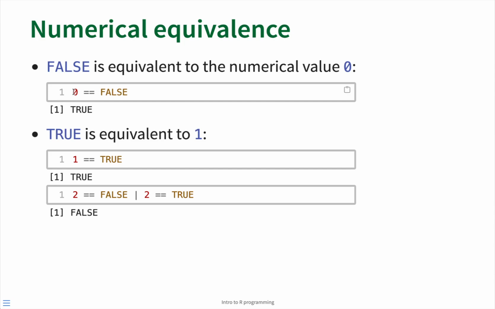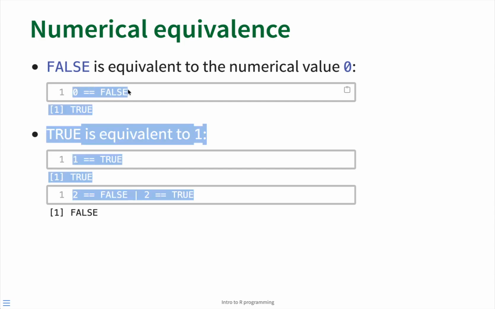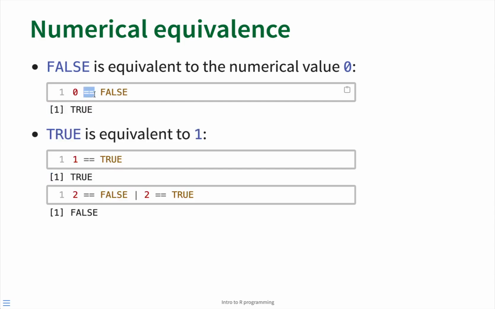So if you were to do a comparison of equality with the equality operator, then R would convert these two into the same type of data, and it would say, yes, they're equal to each other. The result is true. Similarly, if we were to compare 1 to true, then R would say, yes, those are equivalent.